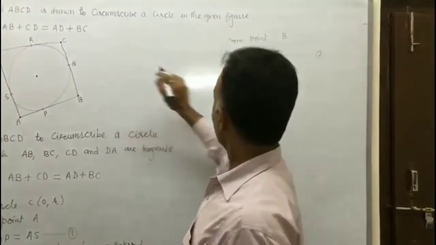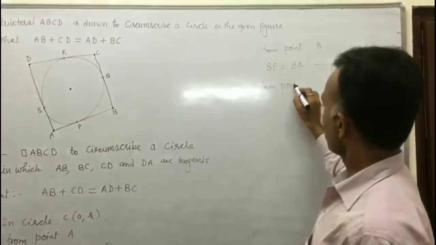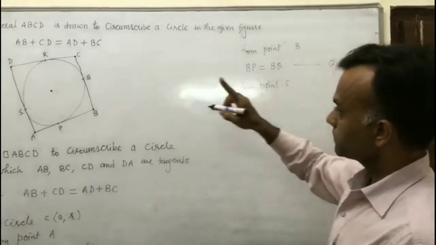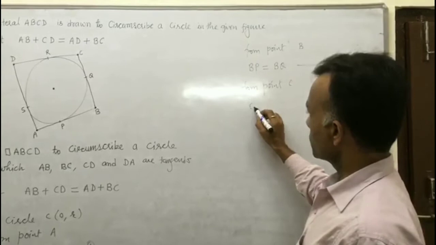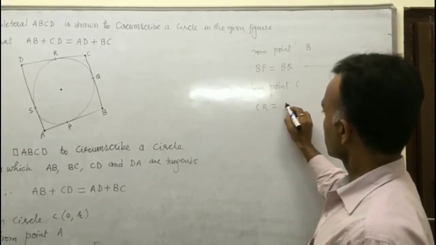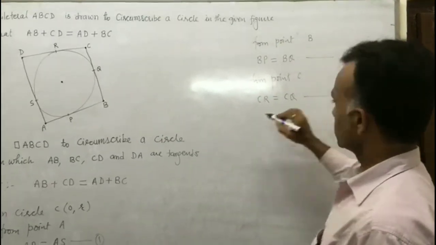Now from point C again we have CR equal to CQ, which is equation 3.